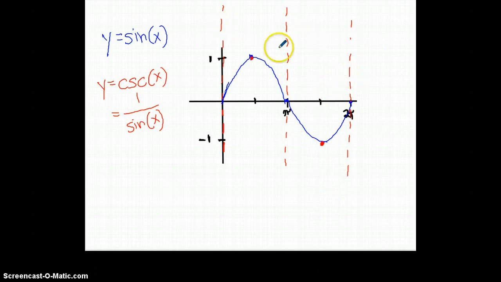So let's see what this graph is going to wind up looking like. Let's look at between 0 and pi over 2. If you remember a little bit from graphing rational functions, what has to happen here? Well, this graph has to approach a vertical asymptote. Vertical asymptotes basically behave the same way here.